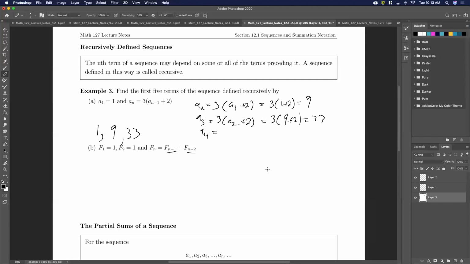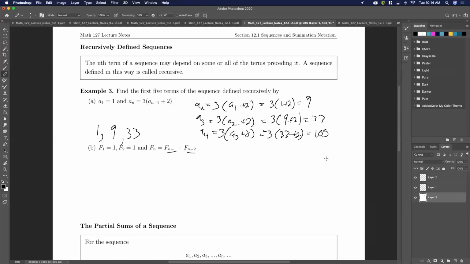You forgot to add the 2. So it'd be 3 times A3 plus 2. So we have 3 times 33 plus 2, which should give you 35. 35 times 3 would be 105.